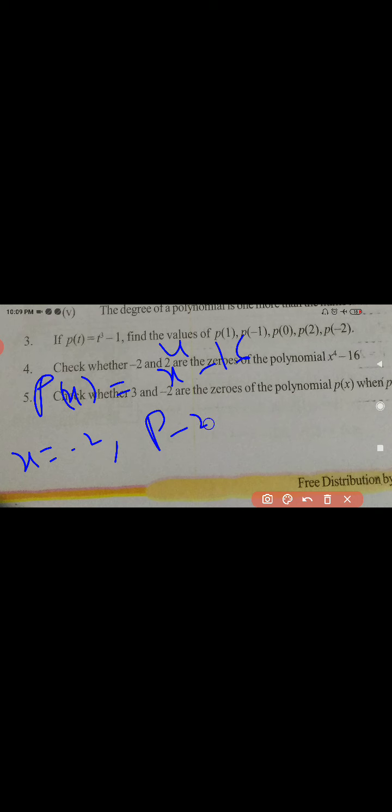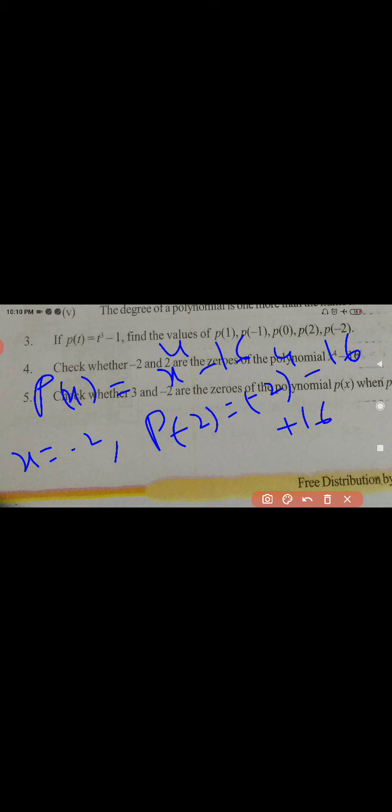Now P of minus 2 is equal to minus 2 whole power 4 minus 16. So minus 2 whole power 4, 2 power 4 is equal to 16. Minus into minus, whole power 4 is always plus. If the power is even, it is plus. If it is odd, it is minus.